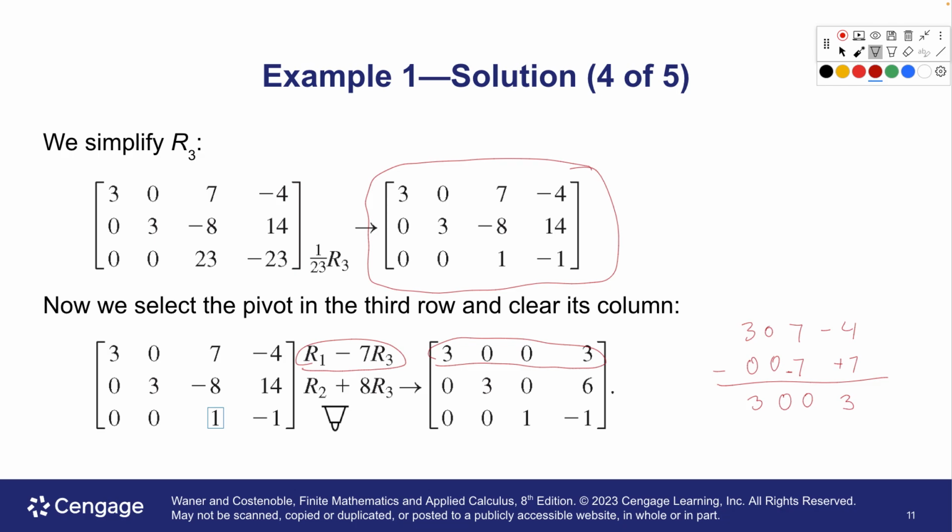For the second row, we're going to take row 2 and we're going to add 8 times row 3 because the sign is opposite. So again, we just copy down row 2, 0, 3, negative 8, 14. And we take 8 times row 3, 0, 0. Notice it just gets easier as we get these zeros filled in. 8 times 1 is 8, and 8 times negative 1 is negative 8.